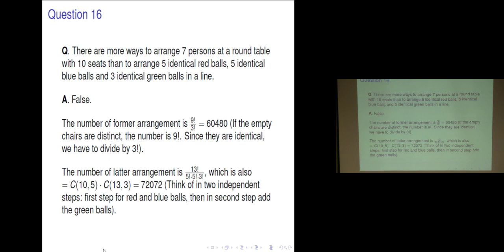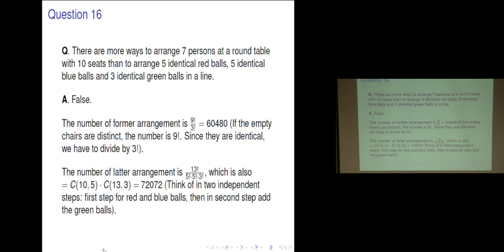Now, for the red balls, if you want to get rid of the repetition, you have to divide by 5 factorial. Then for the blue balls, again you identify the permutations, so you divide by another 5 factorial, and another 3 factorial for the green balls. So you get this.